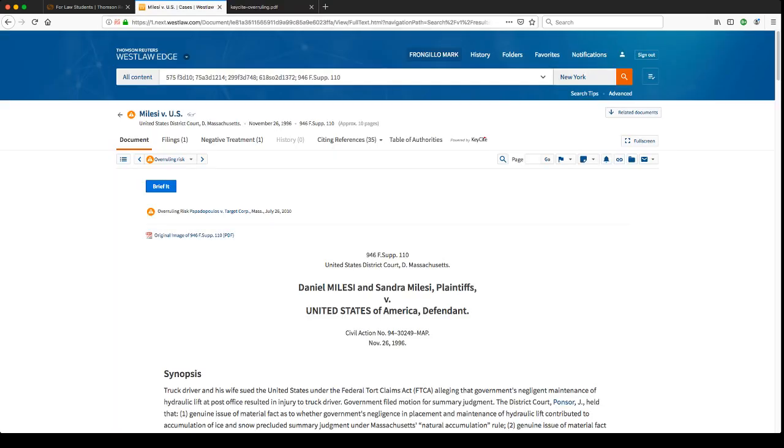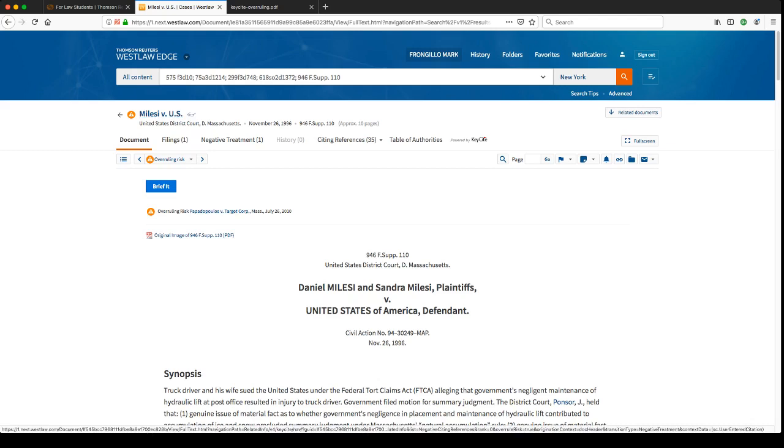And this is where Westlaw has your back. Now, when you're looking at cases, Malesi v. US, for example, you will see these orange markers. And the really cool thing about this, it's letting us know that Malesi is at risk of being indirectly overruled because of Papadopoulos v. Target.